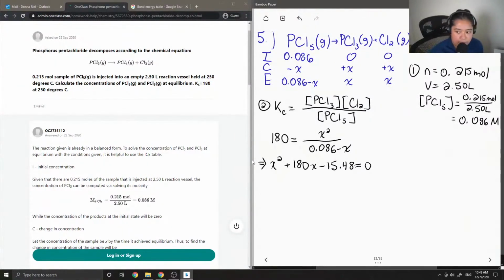And if we use the quadratic formula or a quadratic formula calculator on the internet, we can get x is equal to 0.086. So you'll find two values of x. One of them will be negative and one of them will be positive. And since we can't have negative concentrations, we go with the positive value.